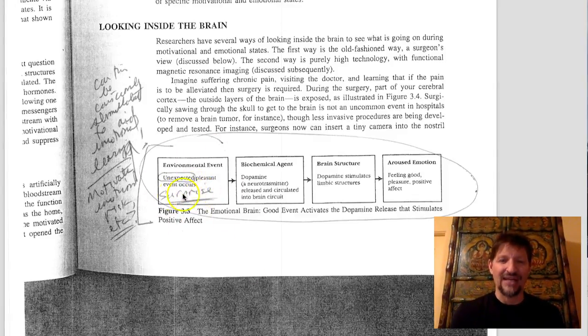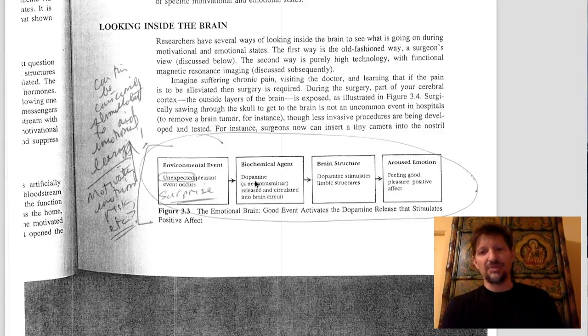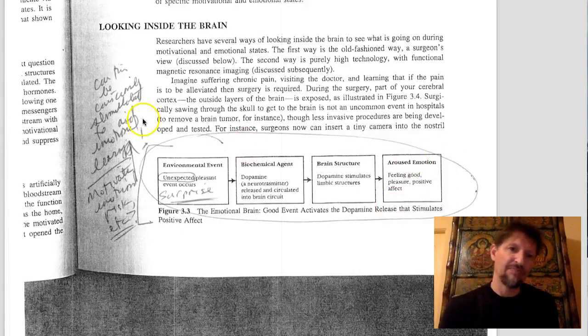Remember we said surprise is a very motivating thing because it really drives this whole biochemical change. An unexpected pleasant event occurs, surprise, right? Biochemical agent, dopamine. Dopamine is this sort of happy drug that gets substituted when people get addicted to things like cocaine. And this dopamine stimulates limbic structures in the brain, which arouse emotions of feeling pleasure and positive affect, okay?